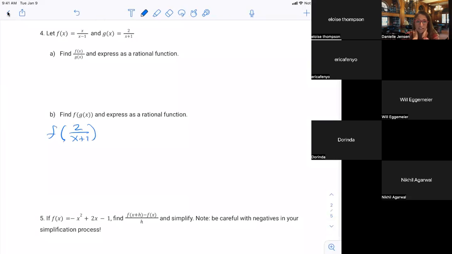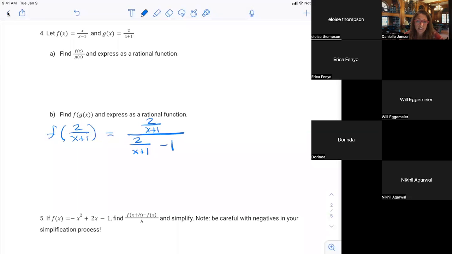So for every x in that f function, instead of x, I'm putting 2 over x plus 1. In the numerator, I'm going to have 2 over x plus 1, and in the denominator, where there's an x, I'm putting 2 over x plus 1, and then minus 1. That is the composition, but you can't leave it as a complex fraction.